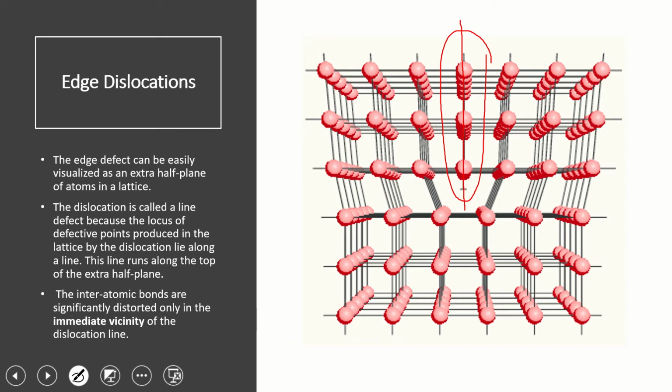So you have here all the atoms, if you look at it sideways, and this is the dislocation plane right here.